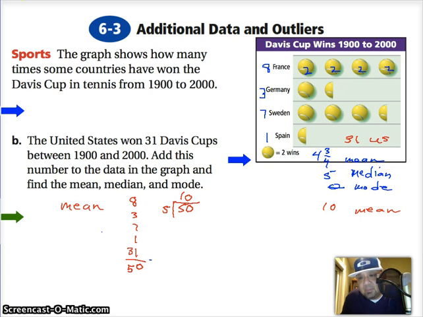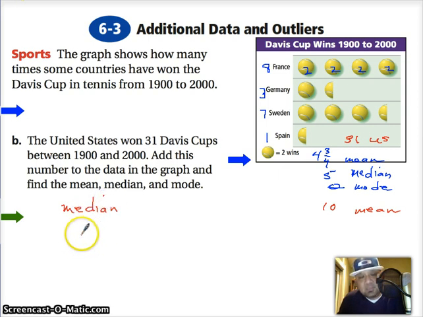Let me erase what we have here. Let's go to the median first before we do the mode. Where the mean was the average, the median is the middle number. Let's put those numbers in number order: 1, 3, 7, 8, and 31. Rainbow method to find out what the middle number is, and the middle number is actually 7.